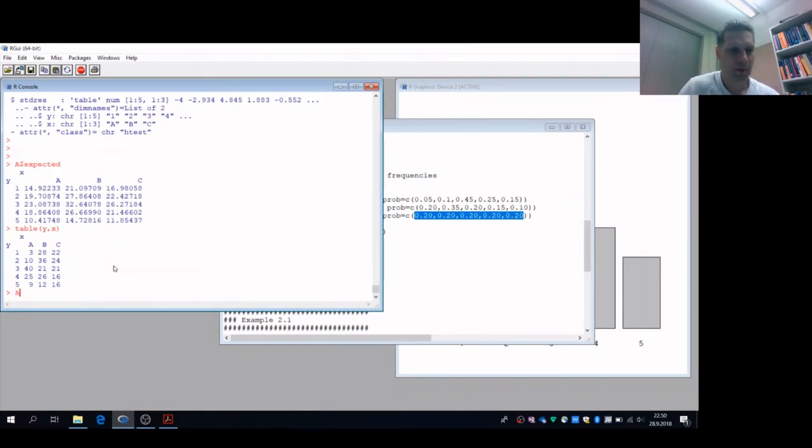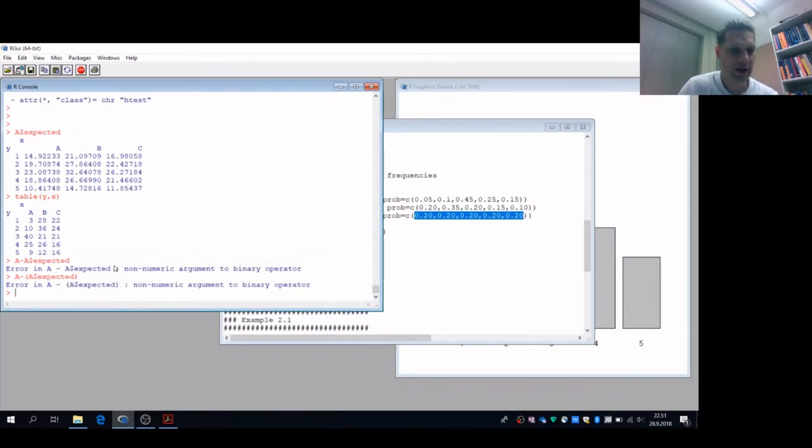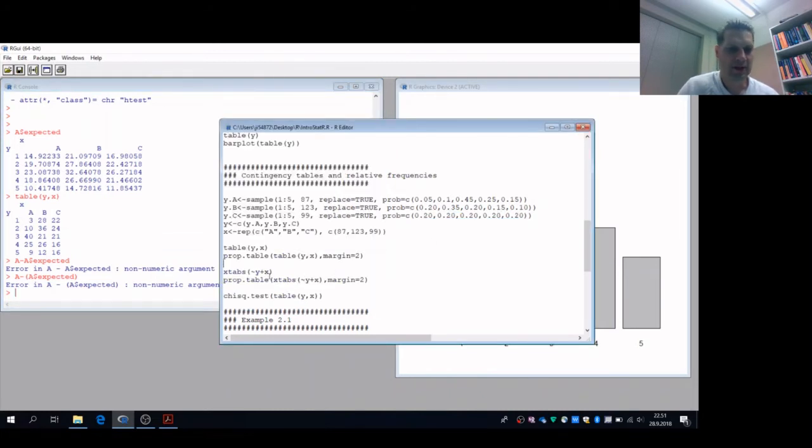If we take the observed minus the expected values, sorry, we cannot properly do that because we should make these as matrices and then try it again. So okay, let's not try to do that. But anyway, that's basically how the chi-square test comes about.